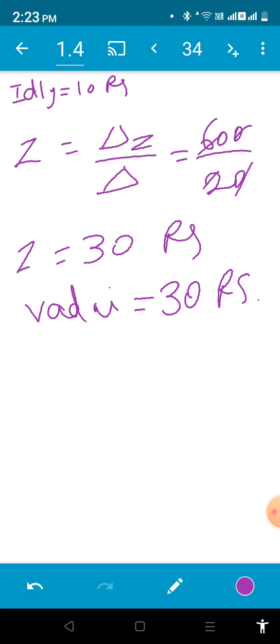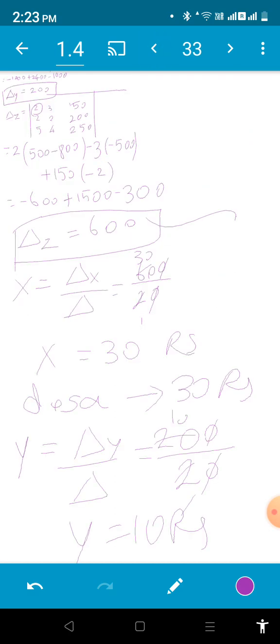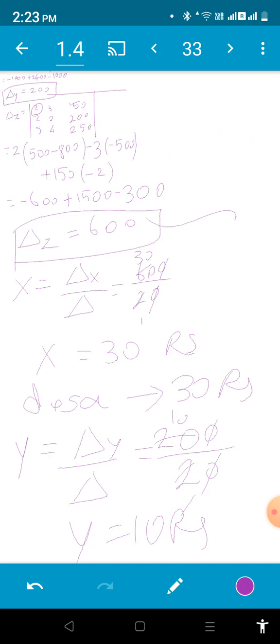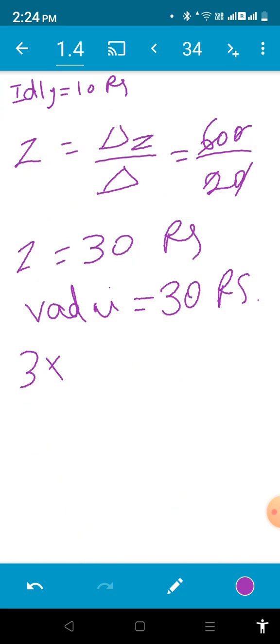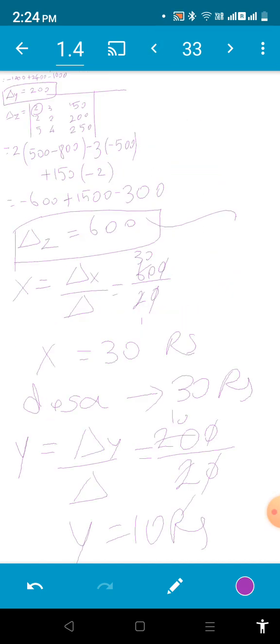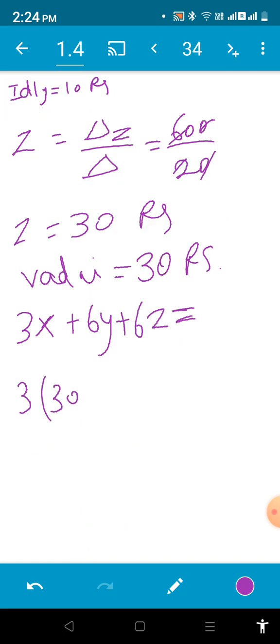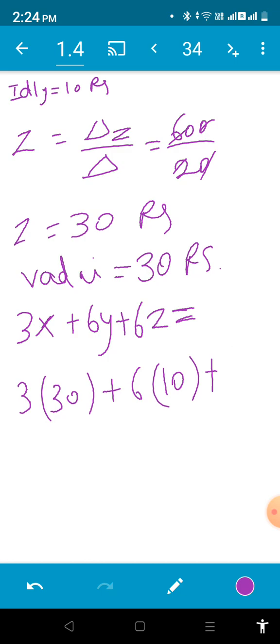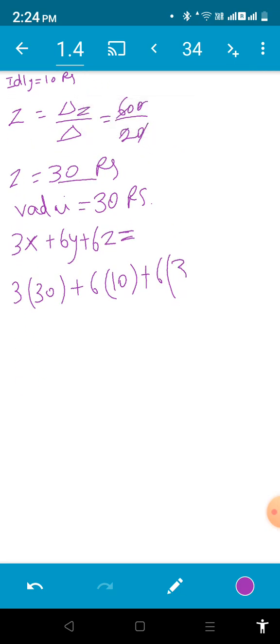So the total money is 350. Now we have to find the cost for 3 dosas, 6 idlis and 6 vadai. 3 into the x value, 30, so 3 into 30, plus 6 into the y value, 10, so 6 into 10, plus 6 into the z value, also 30, so 6 into 30. 3 into 30 is 90, plus 60, plus 180.